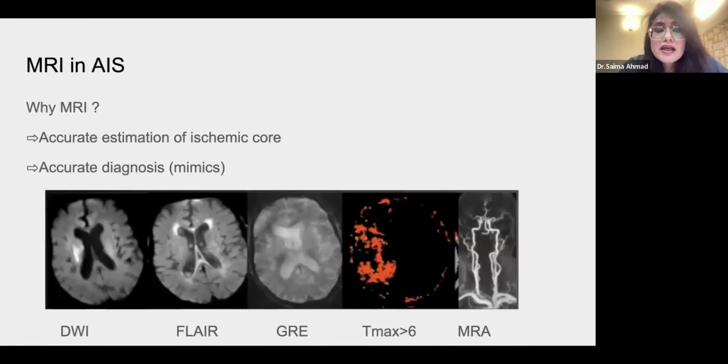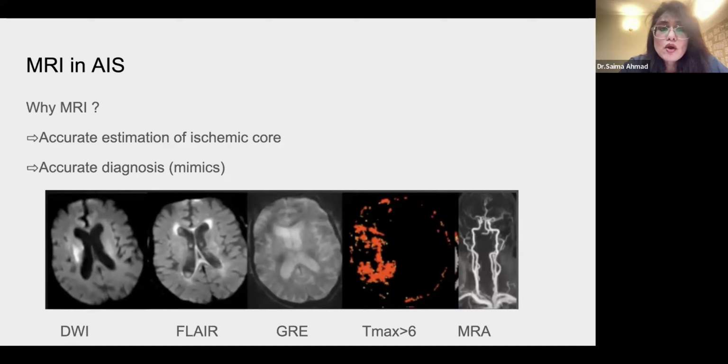So why MRI in acute ischemic stroke? We have a couple of advantages of doing MRI in acute ischemic stroke. Number one, it is the most sensitive method by which we can have an accurate estimation of the ischemic core, and we owe this to DWI imaging. Also we can have accurate diagnosis of the mimics, which are a diagnostic challenge in acute ischemic stroke, and hence also a management challenge.